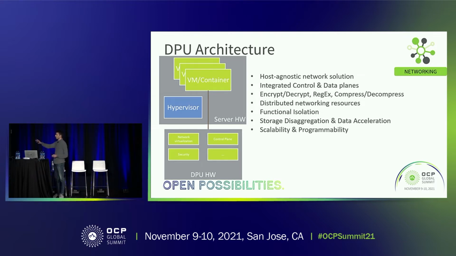So one thing to notice here, the link between the server hardware and the DPU hardware can be both physical and logical or virtual. So in some cases, the DPU can be physically connected via PCIe interface. In that case, it is more referred to as a smart NIC.